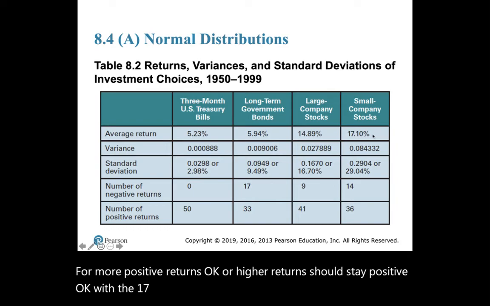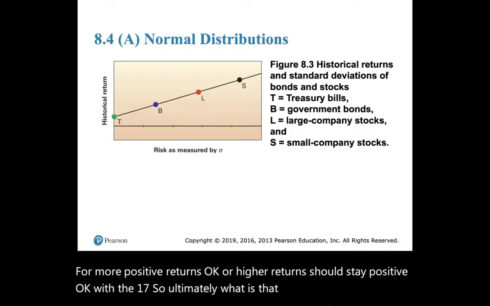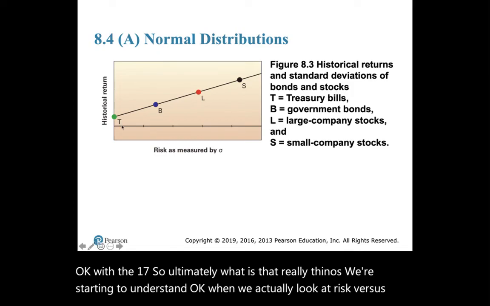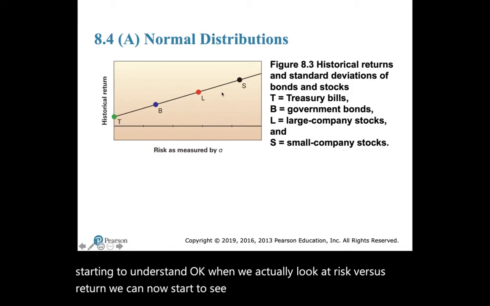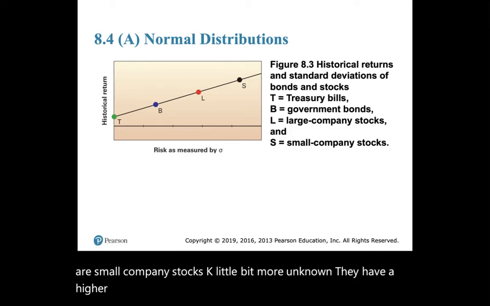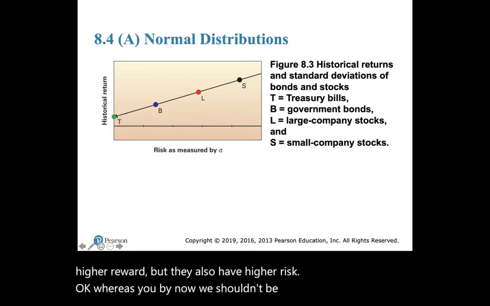So ultimately, what is that really telling us? Well, when we actually look at risk versus return, we can now start to see that typically speaking, companies, like small company stocks, a little bit more unknown, have a higher reward, but they also have higher risk. Whereas by now we shouldn't be surprised that those short-term government investments are pretty stable.